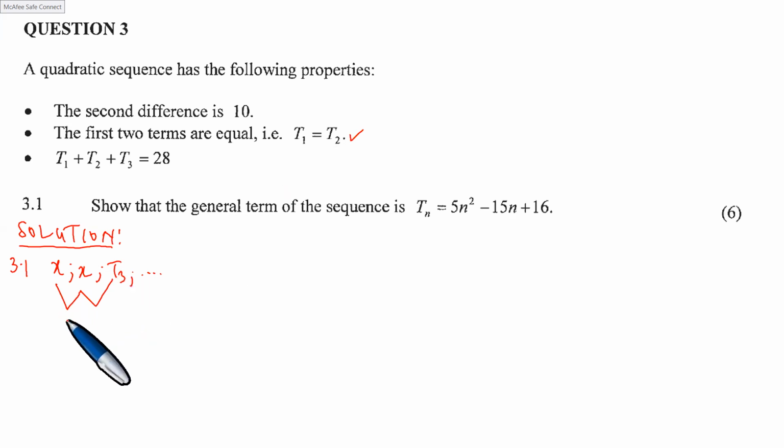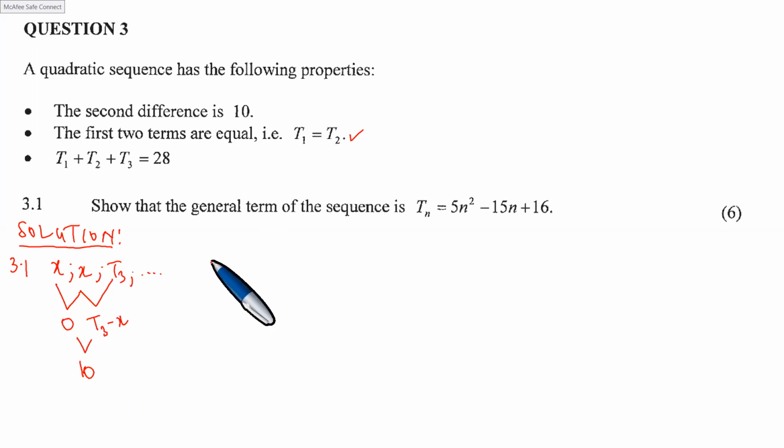What is x minus x? It's 0. And then we have T3 minus x. And then you have this minus that, T3 minus x minus 0. The second difference will therefore become what? 10.